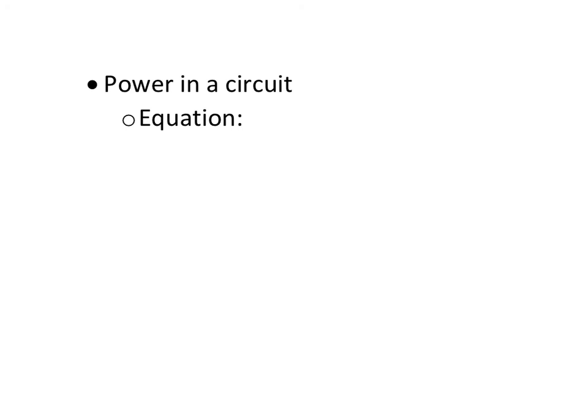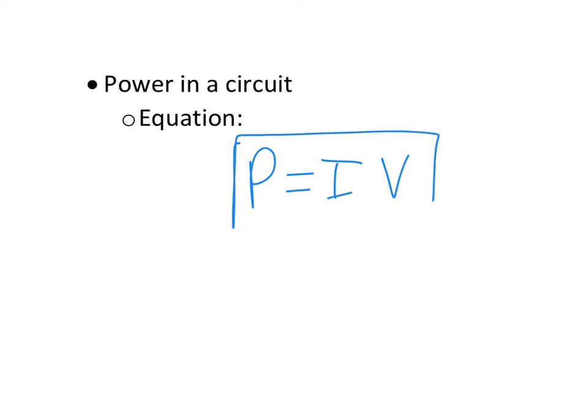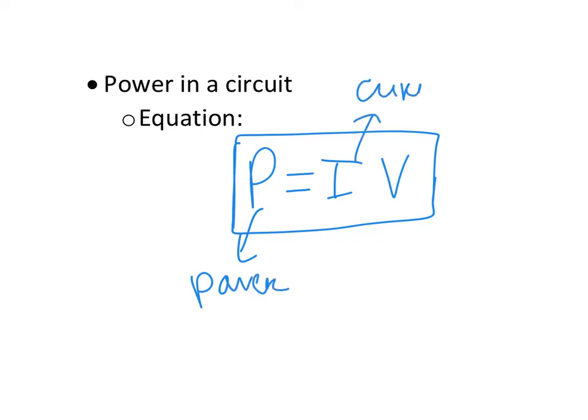Okay, power in a circuit, P equals IV. So this is power, I is current, V is voltage.